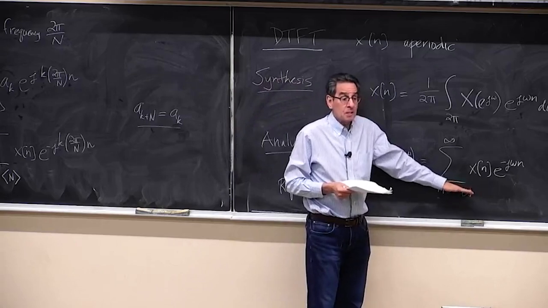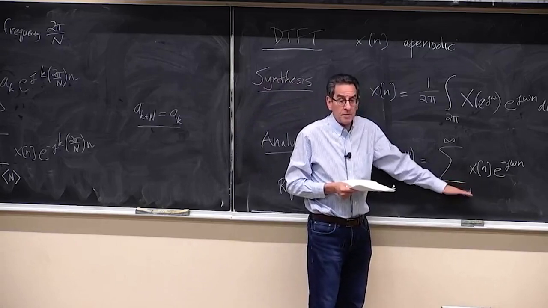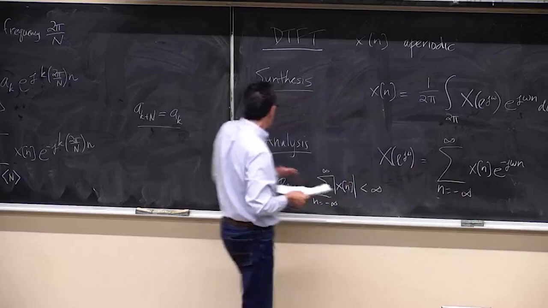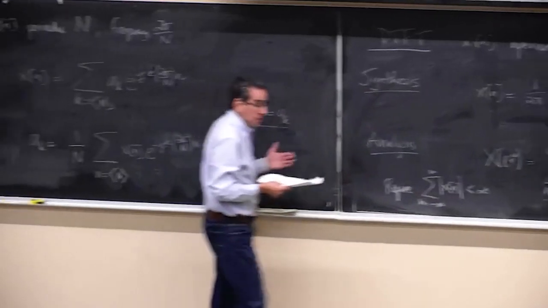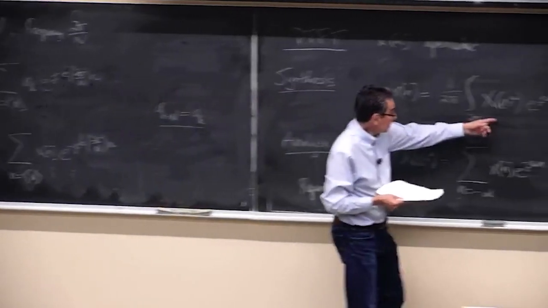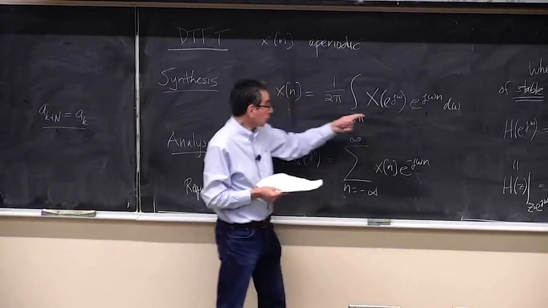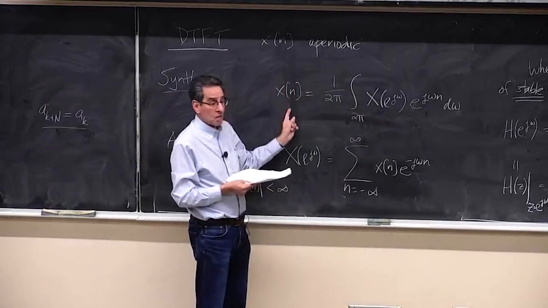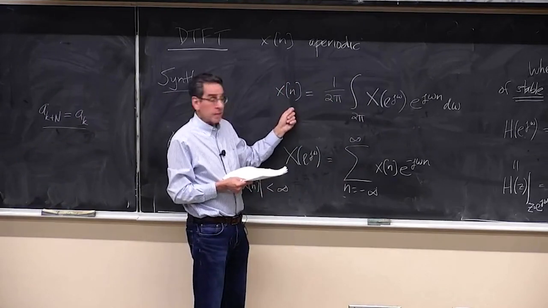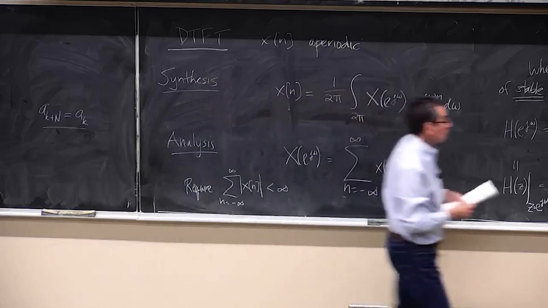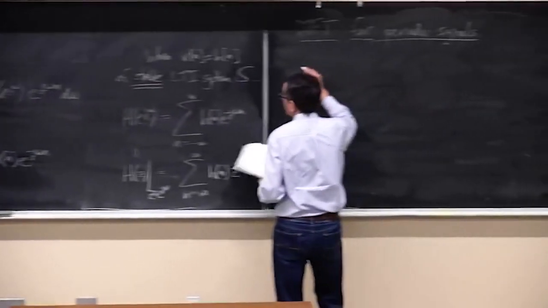So we basically fake it. We say, look, what do we think it should look like? Then let's plug that into this equation and make sure that when we synthesize our periodic signal, we get this back again.